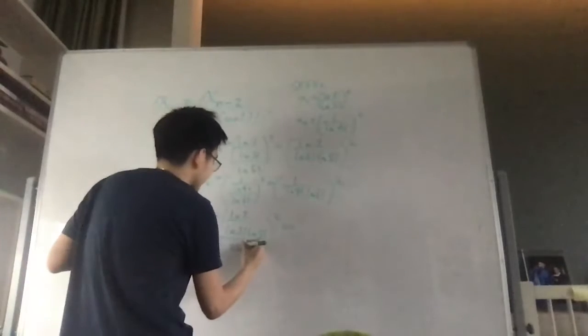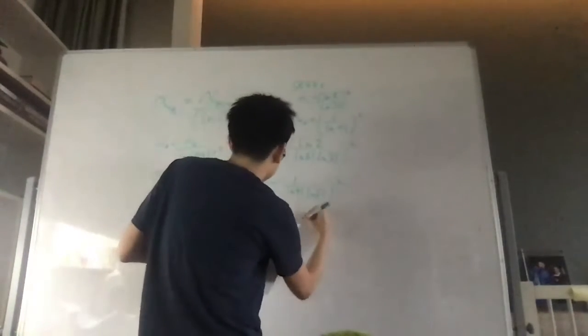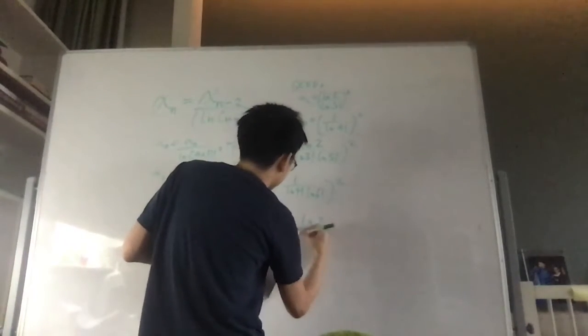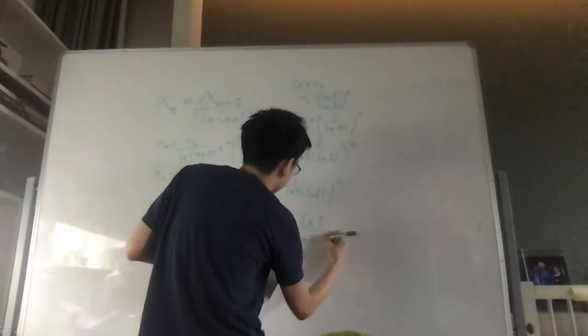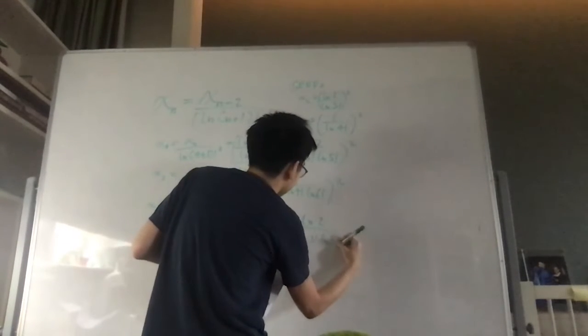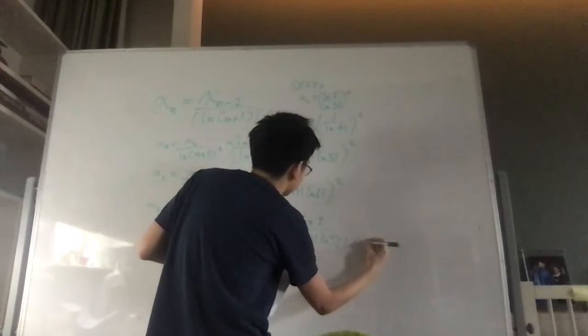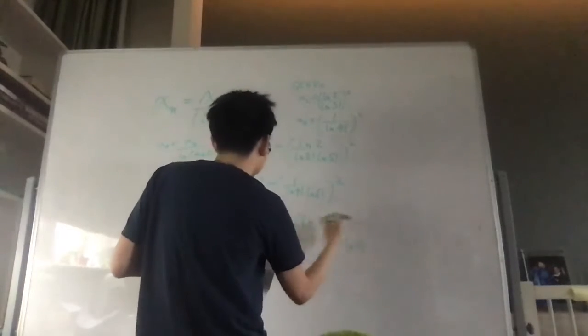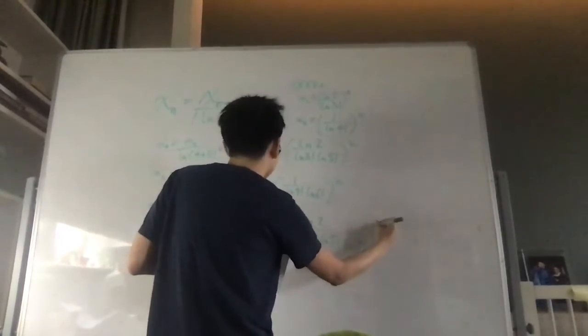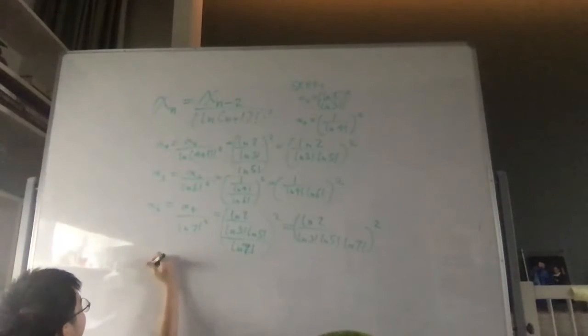Starting to lose my mind right now. Ln of 2 over ln of 3 factorial, ln of 5 factorial, ln of 7 factorial, all this squared.